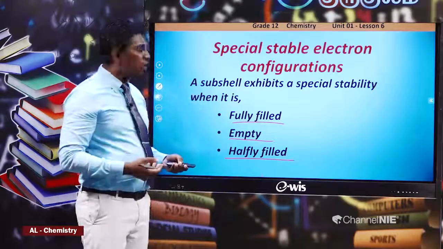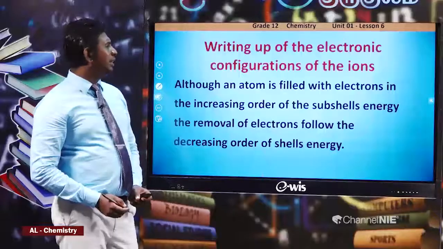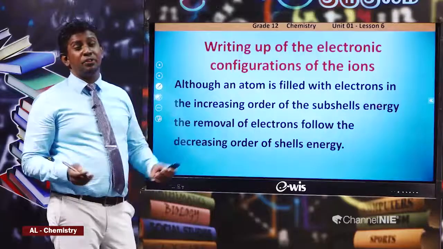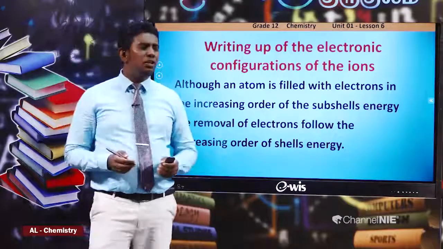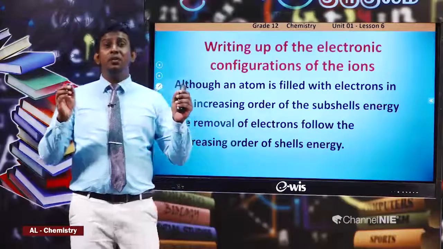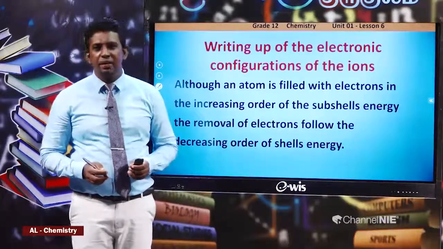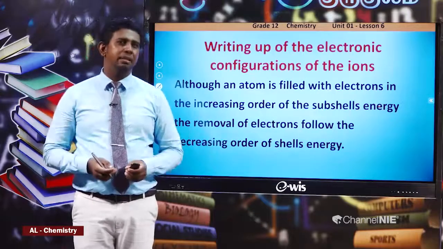Okay, considering all those, students, let's start talking about the electronic configurations of ions. Ions means either gaining or losing electrons; those atoms form ions. When we talk about writing the electronic configurations of those ions, first we need to consider the electronic configuration not of the ion but of the atom itself.